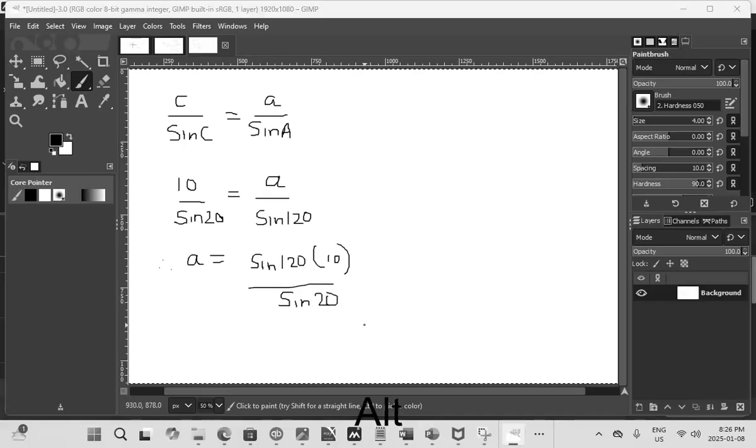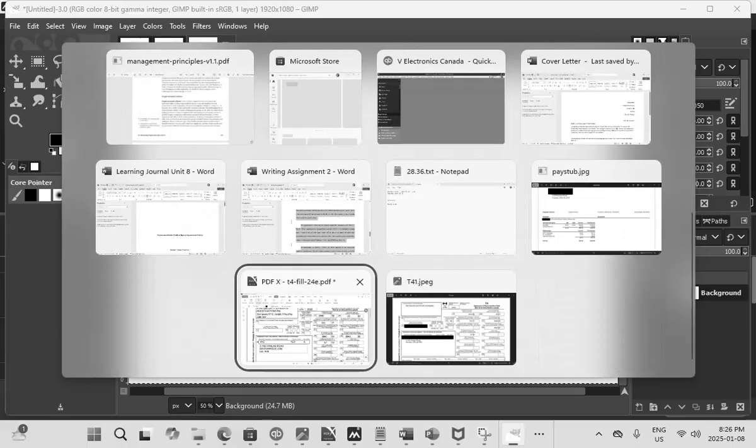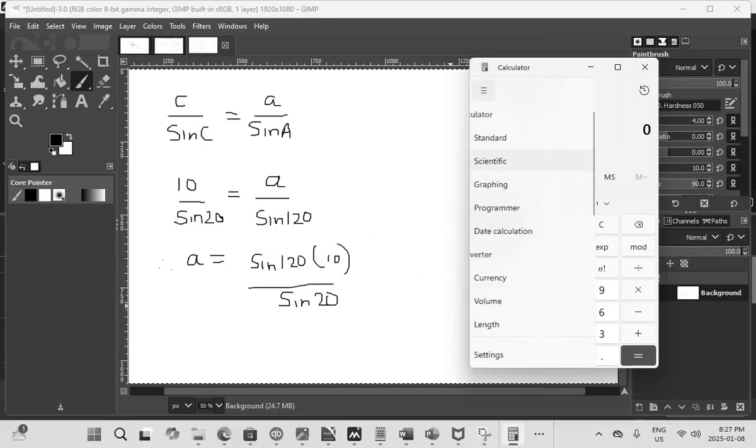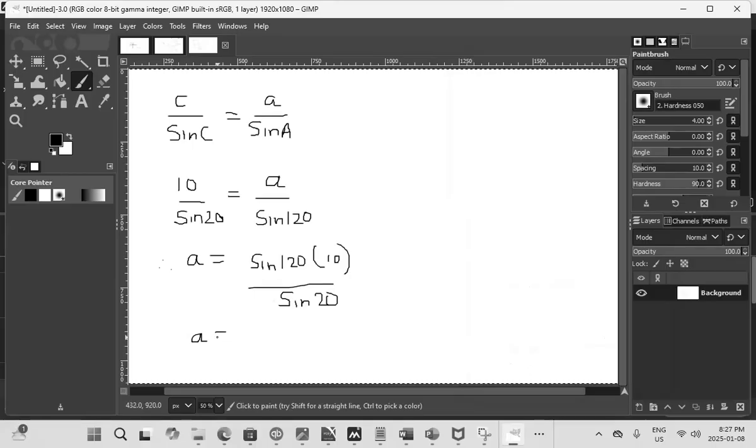If you use your scientific calculator, this will be sine 120 times 10 divided by sine 20, which equals 25.32. So side A will be 25.32 feet.